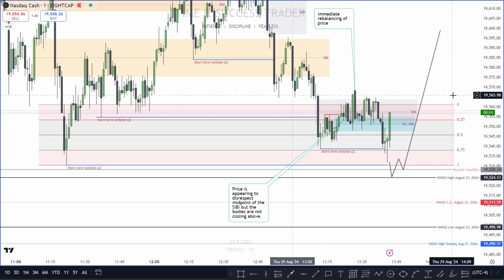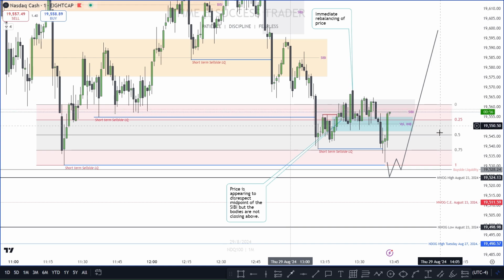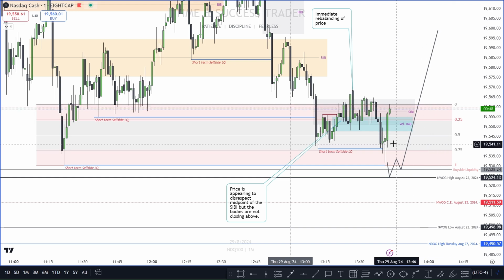Or not. Alright, so we swept. Now we're getting a decent push to the upside. We came back into the same zone. Now we want to see a candle closure above here because we just took this sell side liquidity.